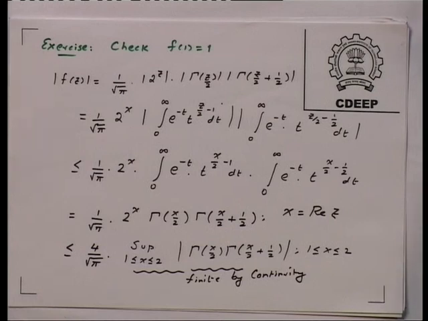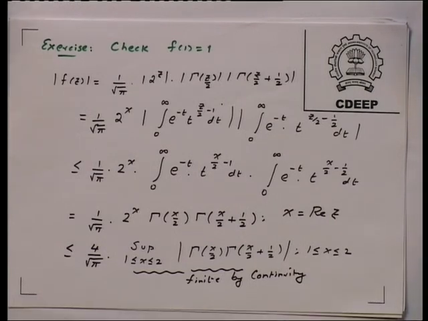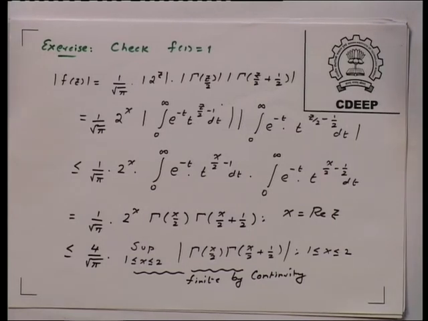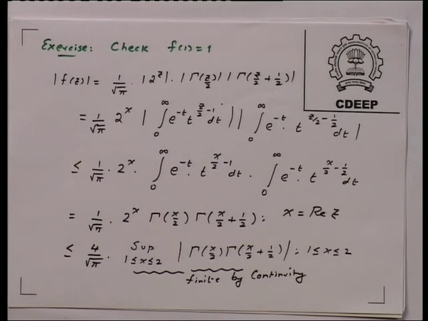So you get a less than or equal to sign, 1 over root pi 2 to the power x, integral 0 to infinity e to the power minus t, t to the power x by 2 minus 1, into integral 0 to infinity e to the power minus t, t to the power x by 2 minus half. Now where is your x? That is nothing but gamma x by 2 and gamma x by 2 plus half, correct?